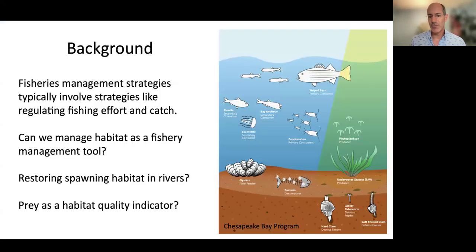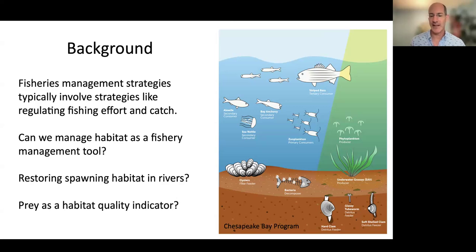This background slide here gives just some examples of the kinds of things that we're using this for that are management questions. If you think about how we manage fisheries, most of the traditional fisheries management strategies involve things like regulating fishing effort, which might be how many fishermen can be on a boat, or how many lines you can put out, or how many crab traps you can have, what days you can go out, things like that.